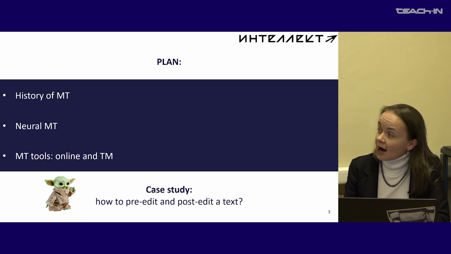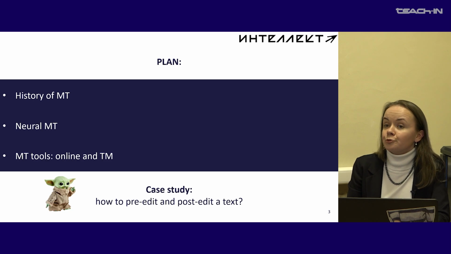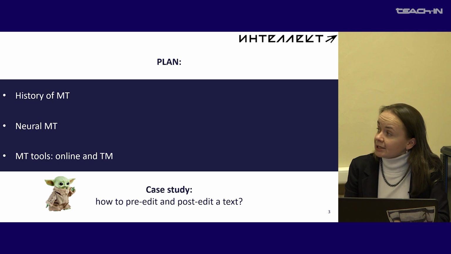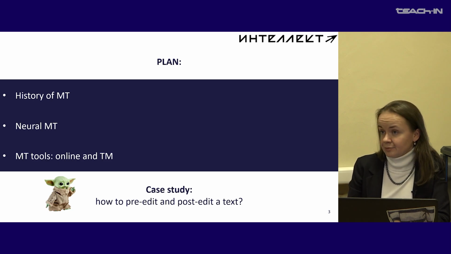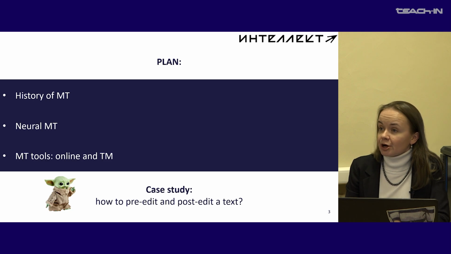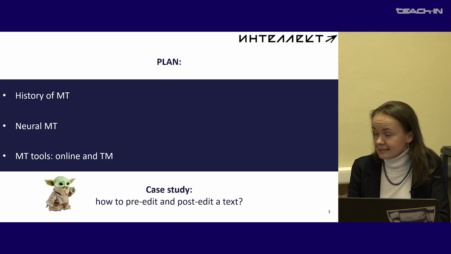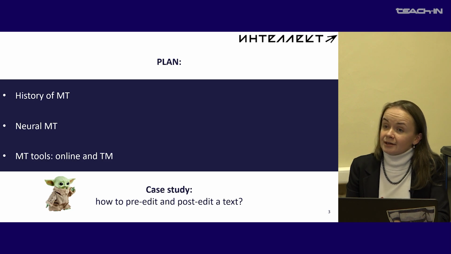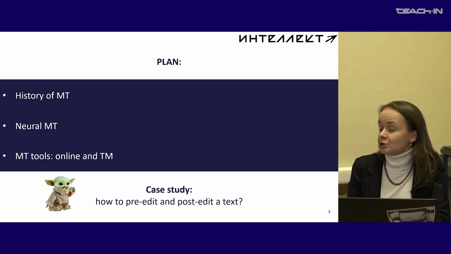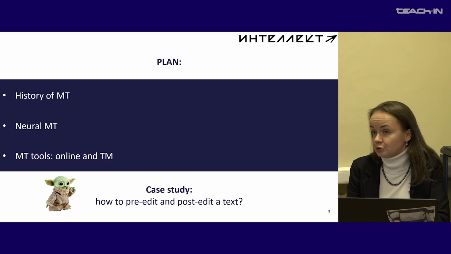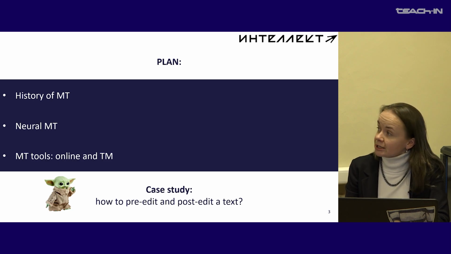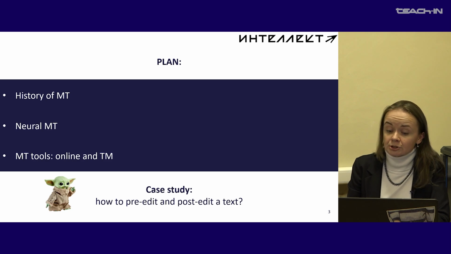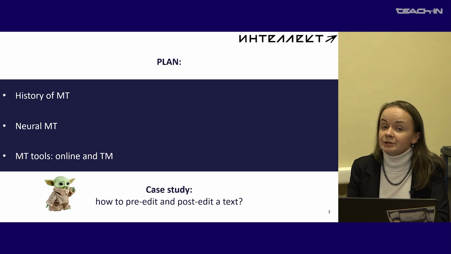Finally, as a case study, I would ask you to do the work which even professional translators do nowadays, pre-editing and post-editing texts. A few years ago it would have been impossible for a professional translator to say that they use Google Translate or equivalents, but nowadays they speak about the transformation of this job, because they all use different tools, normally not just online tools but professional tools, and we'll see the differences between them.